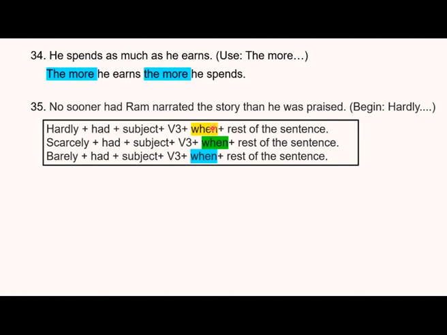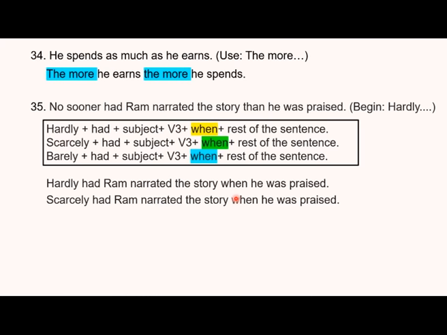The only difference is you will use when instead of than. When you are writing with no sooner, you use than over here. But when you're writing with hardly, barely, scarcely, you will use when over here. So the correct sentence will be: hardly had Ram narrated the story when he was praised. Scarcely had Ram narrated the story when he was praised, or barely had Ram narrated the story when he was praised.